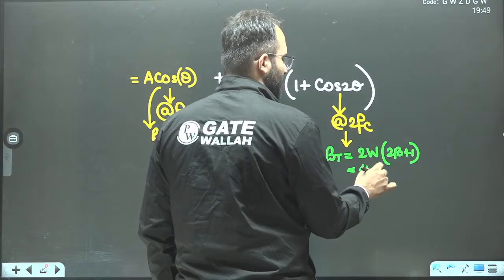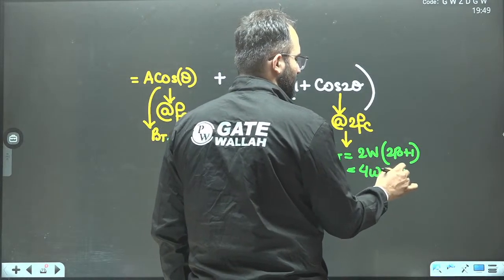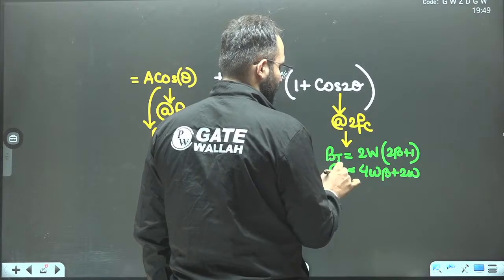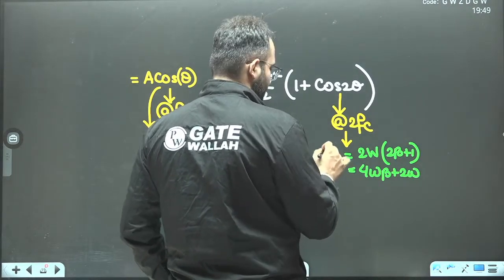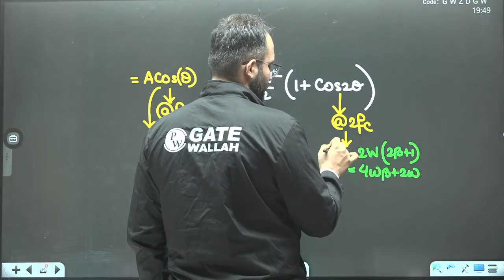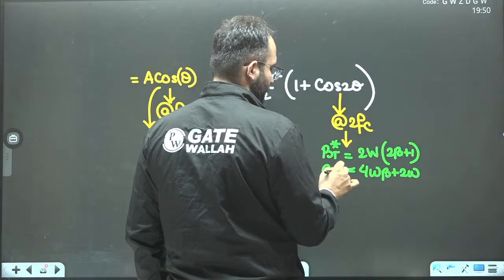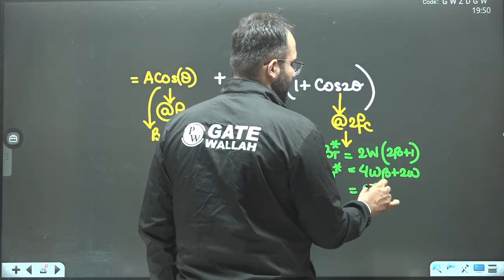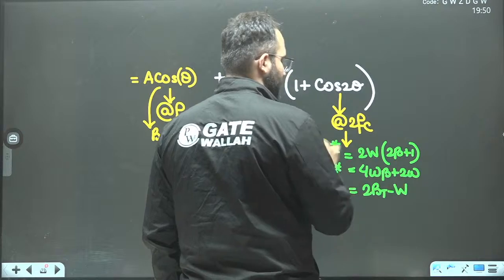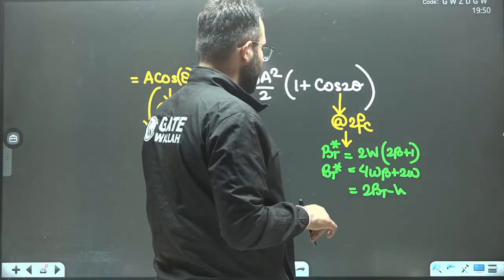That is 4W beta plus 2W. This will be the new transmission bandwidth. So we can see that this is actually 2 times BT minus 2W.